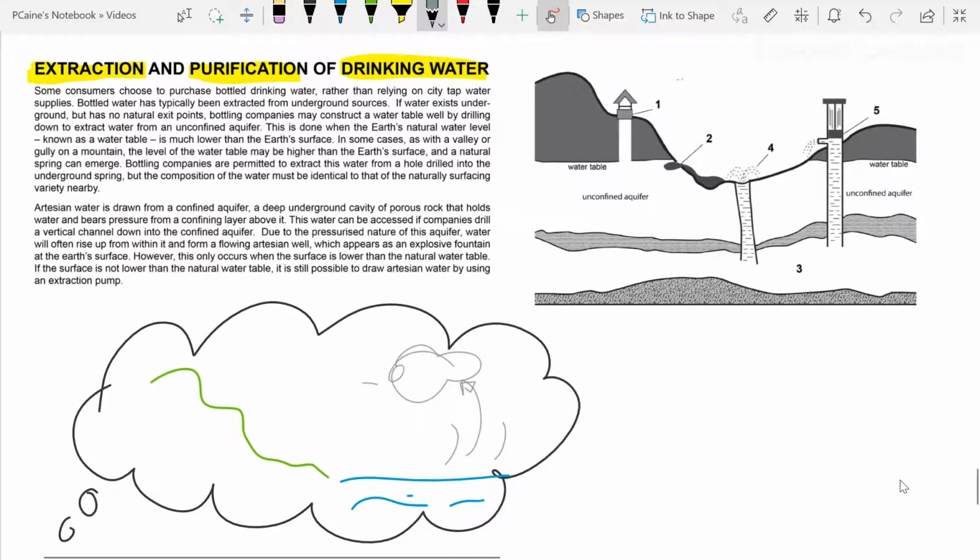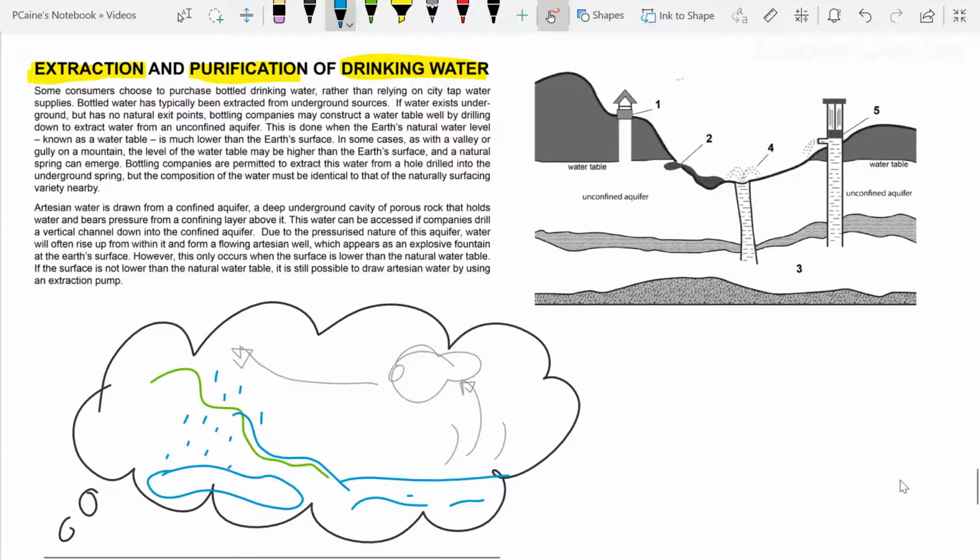The clouds are then blown onto land, and as they climb, that's when they release rain. A lot of the rain goes into rivers and streams, but some of the rain then goes into the earth and forms these big underground pools.